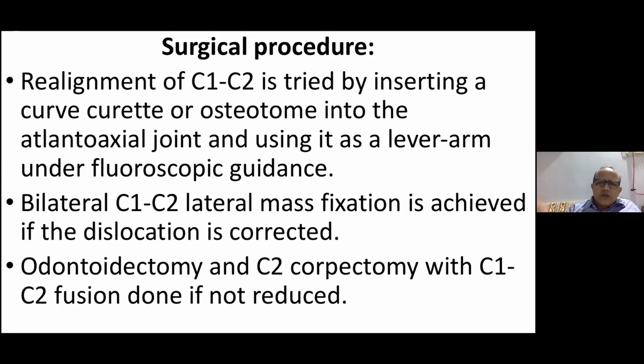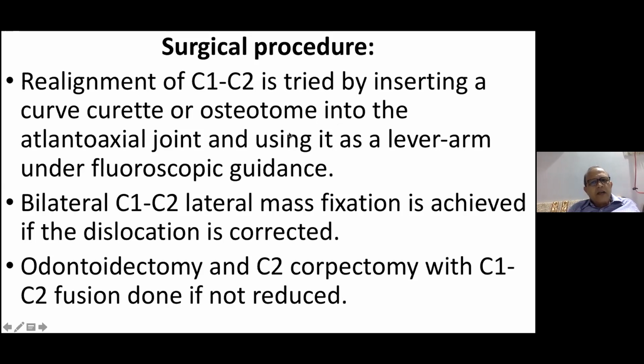You use an osteotome, curve the osteotome so that it causes dissection of the C1, C2 facet joint, and most of the time it is reduced. Also position the neck in such a way that it reduces.